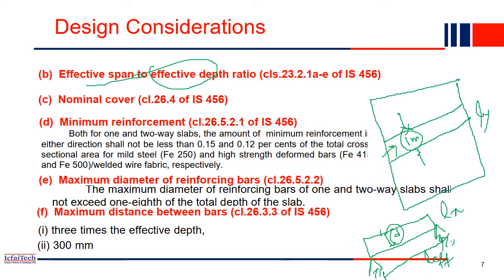For example, if the total D value is 120, then 120 by 8 comes out to be 15, so the maximum allowed is a 15 mm bar. So in that case, if the depth of the slab is 120 mm, then the maximum allowed diameter of reinforcing bar is 1/8, means 15 mm bar. We should not allow more than this.